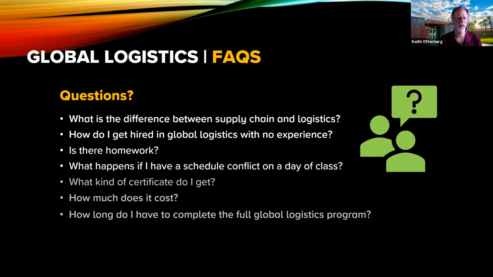Among the FAQs is, what kind of certificate do I get? Once you have completed all the courses in the certificate, you can apply to have your record reviewed. Once we approve that you have taken all the courses, you will receive a paper certificate, something you can put on your wall, as well as an electronic certificate, which you can share via your various social media channels.